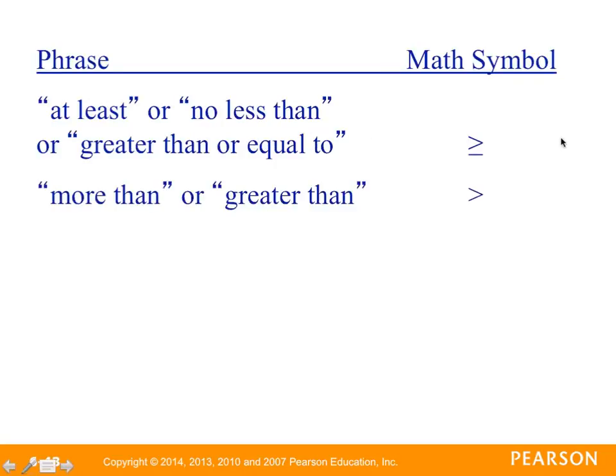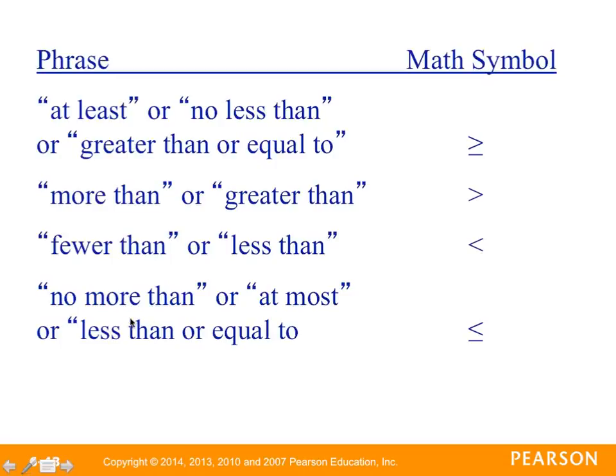If you have words like more than or greater than, then that's just going to be your greater than symbol. If you have words like fewer than or less than, then that's going to be your less than symbol. If you have words like no more than or at most or less than or equal to, then that's going to go with your less than or equal to symbol. And finally, if you have words like exactly or equals or is, that's going to kind of signify that you should be using an equal sign, okay?